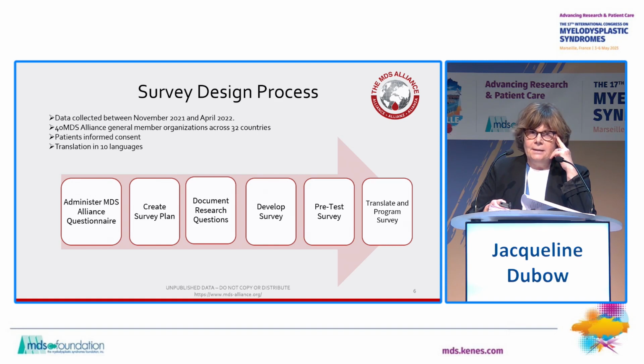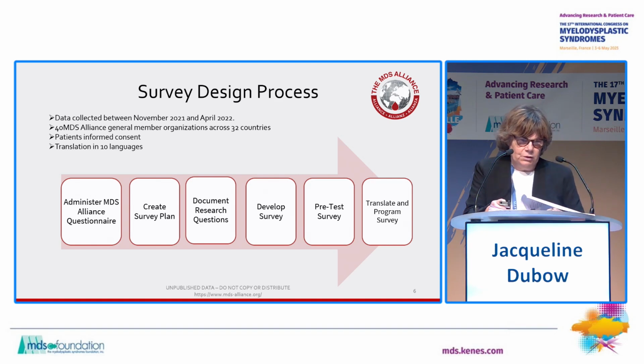And that was new, because when global surveys are done, very often they are done only in English. And of course, not everybody is speaking English. So here we try to make the effort to translate that in at least 10 different languages.